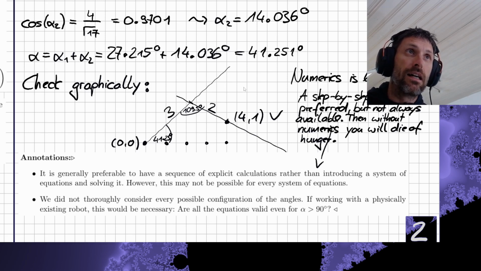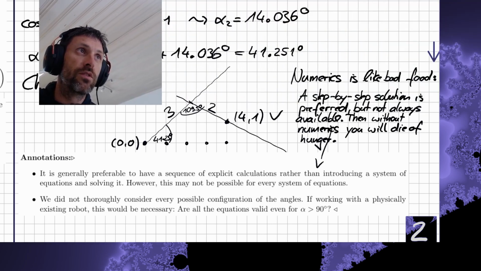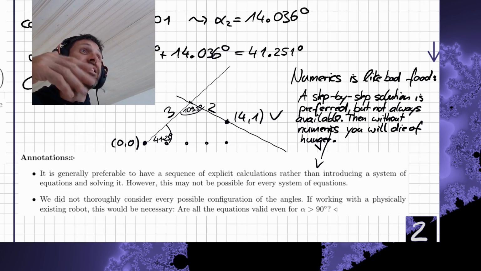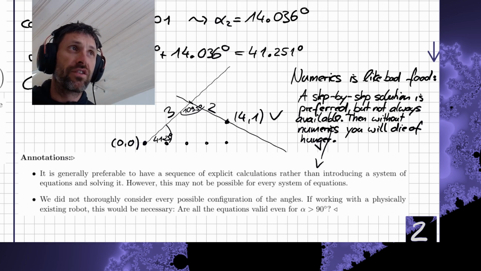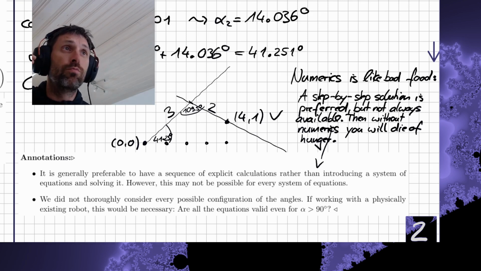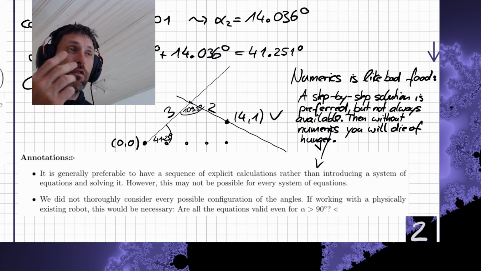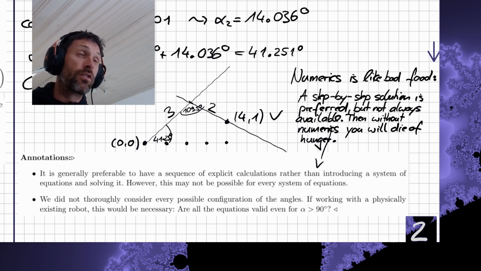Sometimes I ask when lecturing in a room with real students who can react to my questions: numerics is like, and then they have to finish the sentence, and some of them said numerics is like bad food. What does he mean? He means the situation everybody of us needs food. We desperately need food. Most of us, it's no problem to get some food, so many of you think bad food is a very bad thing. That's not the point.